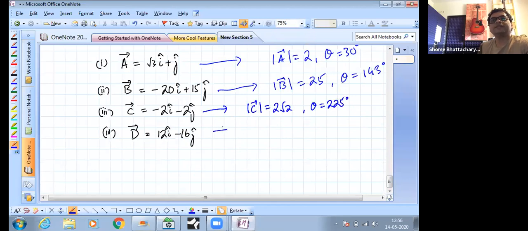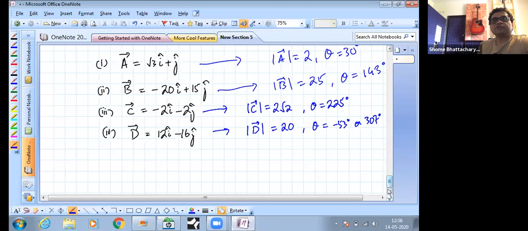And for vector D, the magnitude will become 20 and the angle you can write as minus 53 degrees or 307 degrees. Depends on how we want to write it.